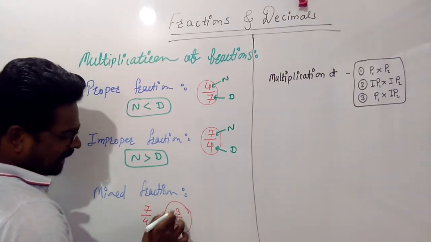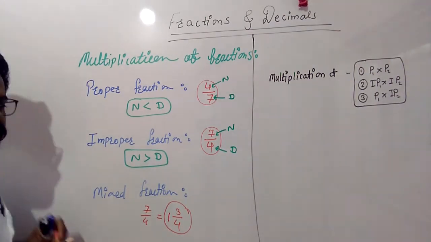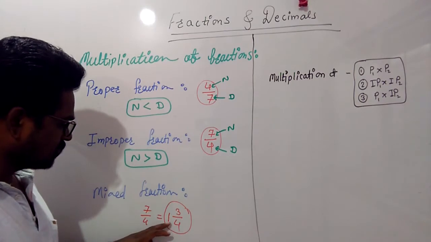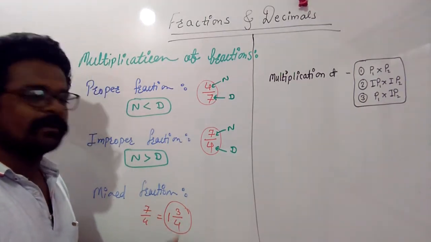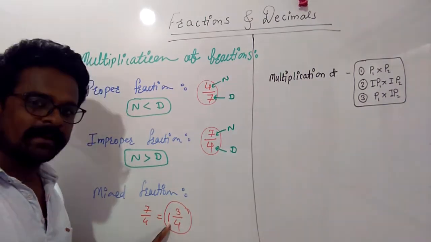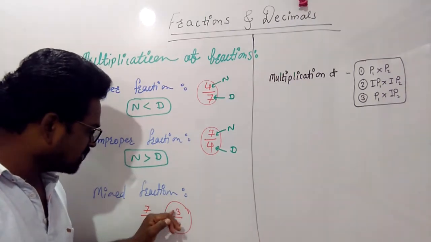This type of fraction is called a mixed fraction. Why is it a mixed fraction? Because it is the combination of whole and proper fraction. How many wholes are there? One whole. And what is the proper fraction? It is 3 by 4.